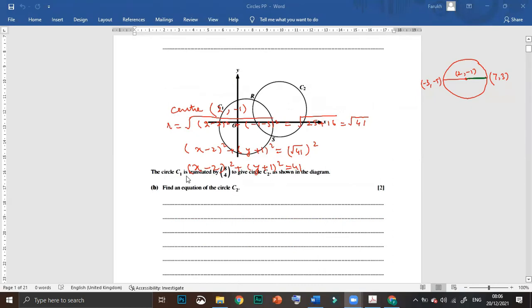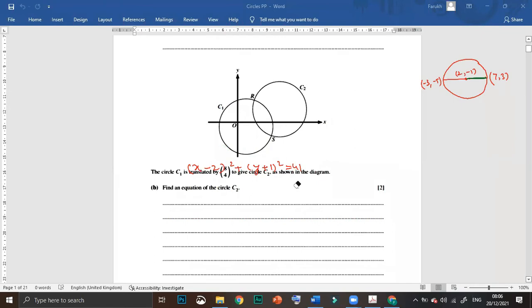The circle C1 is translated by the vector (8, 4) to give the equation of the circle C2 as shown in the diagram.